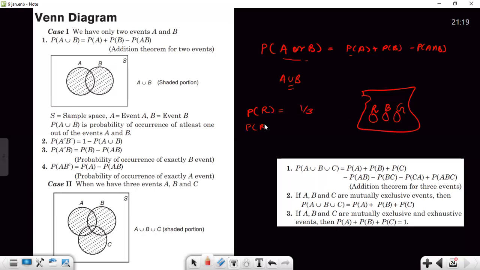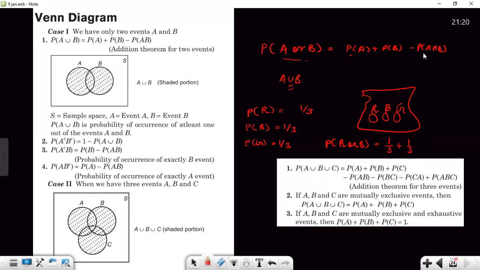Blue ball, 1 by 3. Green ball, also 1 by 3. But the probability of getting a red or blue ball will definitely be greater than the probability of getting a specific red ball, because we can get a red ball or a blue ball.